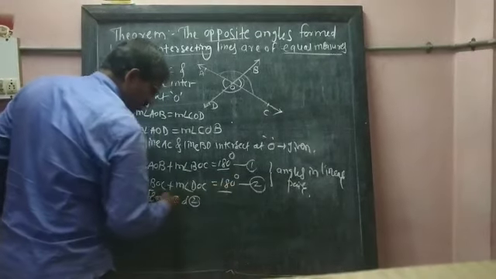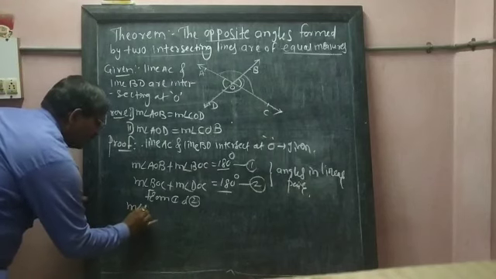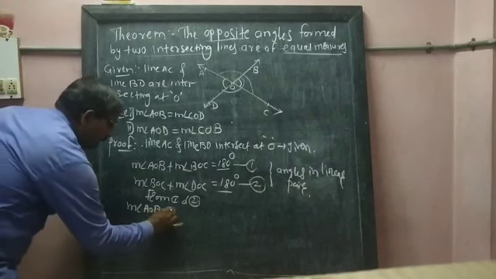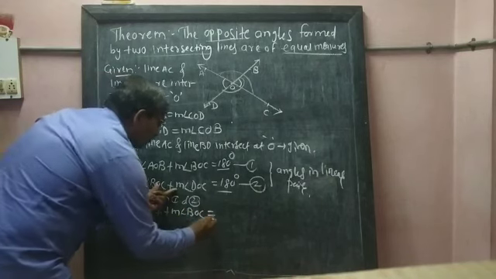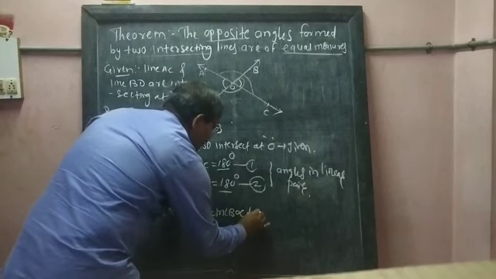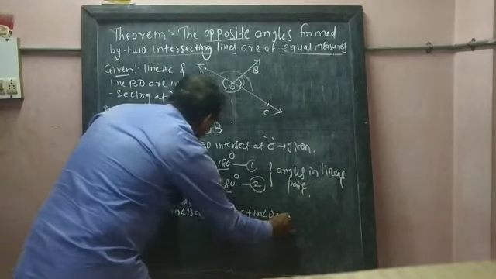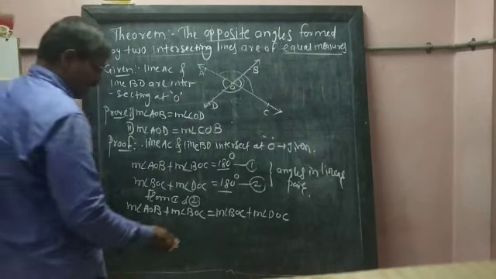Right hand sides are equal, so take left hand sides equal. Measure of angle AOB plus measure of angle BOC is equal to measure of angle BOC plus measure of angle DOC, or COD. As you like, you may take COD.